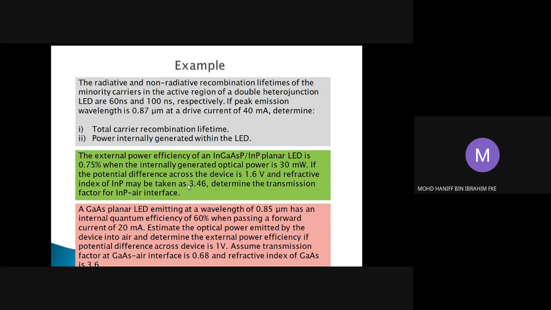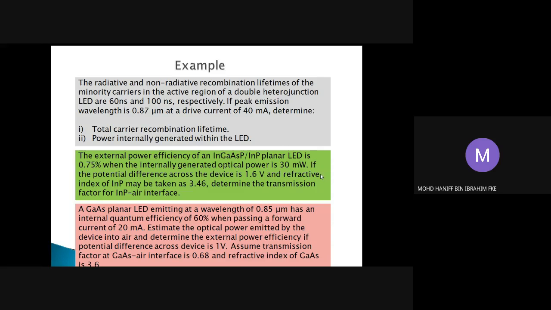Based on this information, we are given the current, the voltage across the LED, and the refractive index of indium phosphide. We need to determine the transmission factor for indium phosphide, which is the F parameter.